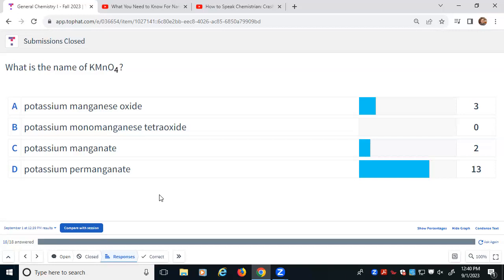The only reason that cyanide doesn't have an ATE or ITE ending like all the other ones do is because there's no oxygen in it. All of the ATE and ITE polyatomic ions have oxygen in them. The suffix ATE and ITE had to do with the number of oxygens. So the lack of oxygen means it's not an ate and it's not an ite. It's an IDE. So A and B should be off the table immediately if we're thinking this through logically.